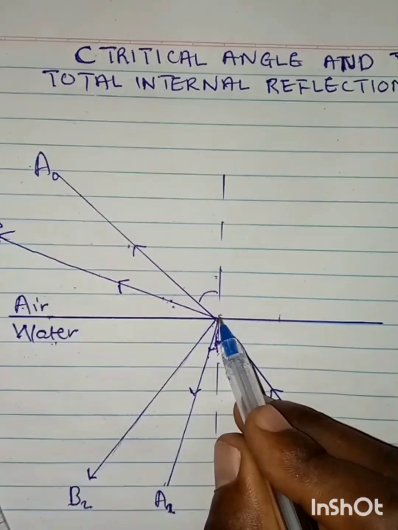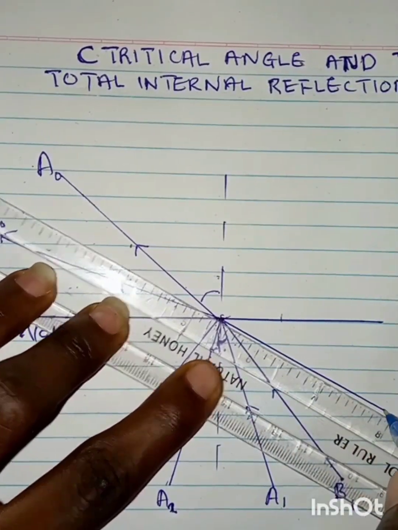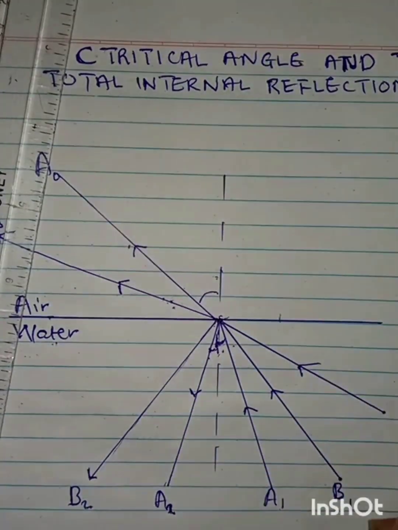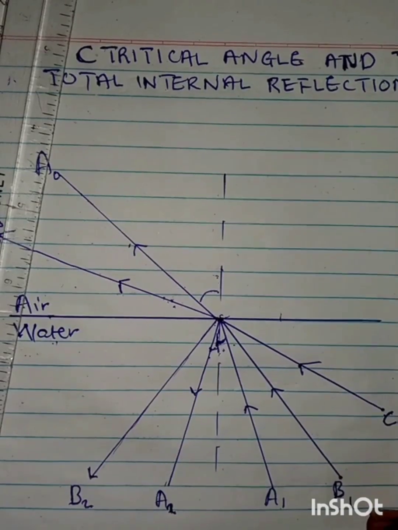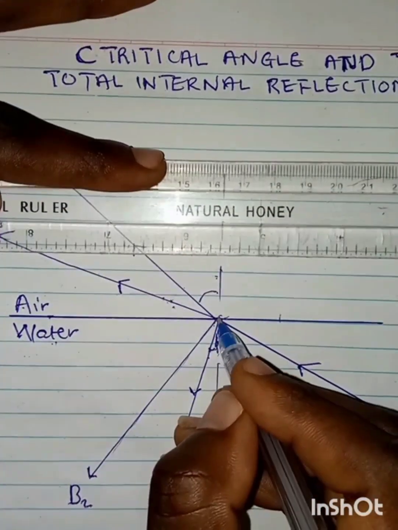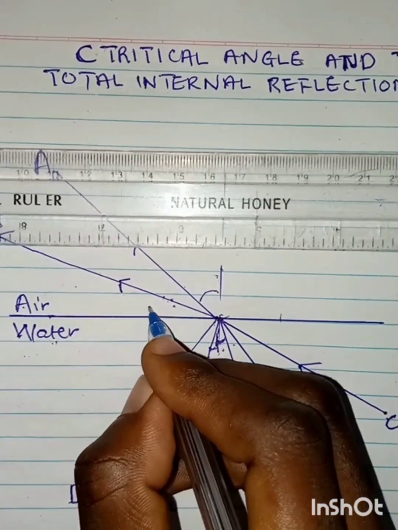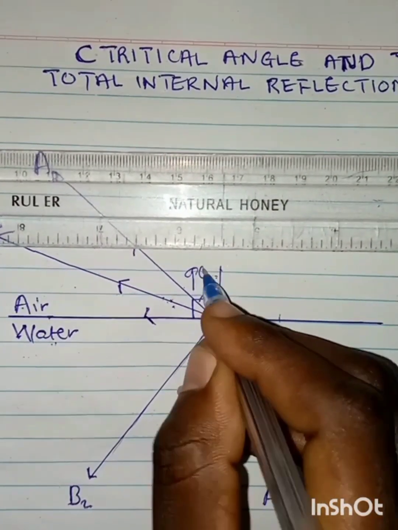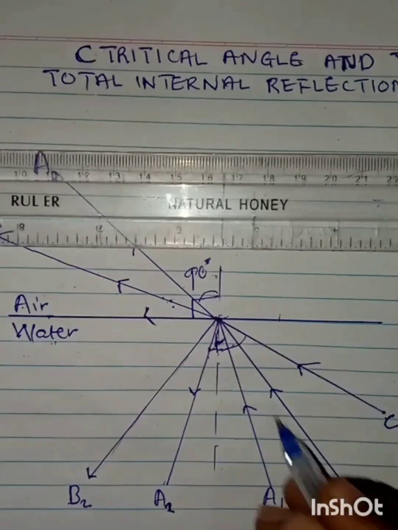Now at a certain angle, let's call this C1, we're going to find that the ray of light is now refracted parallel to the boundary between two media to form 90 degrees, and the corresponding angle of incidence is called the critical angle.